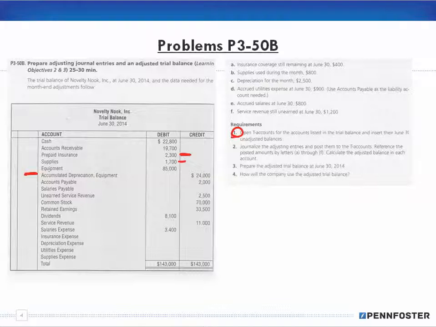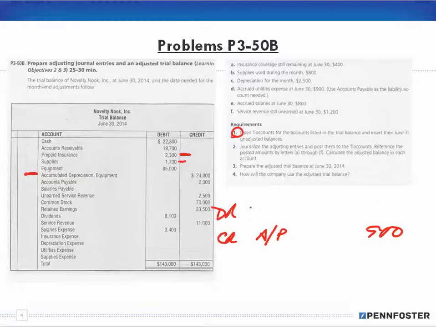Next one is accrued utilities expense at June 30th of $900. Use accounts payable as the liability account needed. Accounts payable is a liability account, and if it has a balance of 0 and increases 900, we increase our liabilities on the credit side. So credit accounts payable for 900, and we're accruing utility expense.